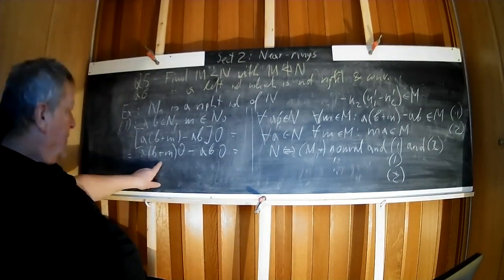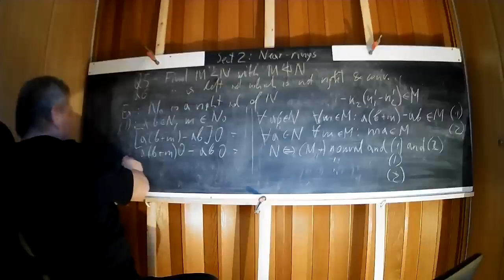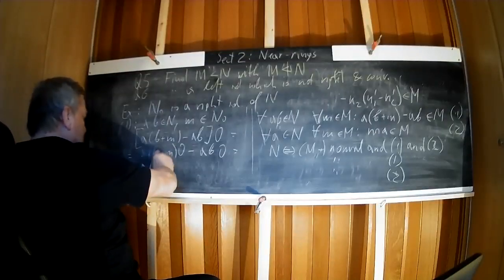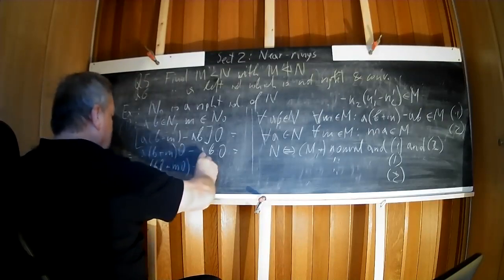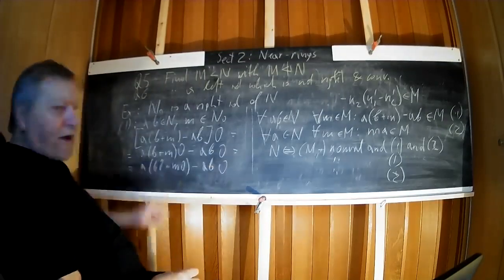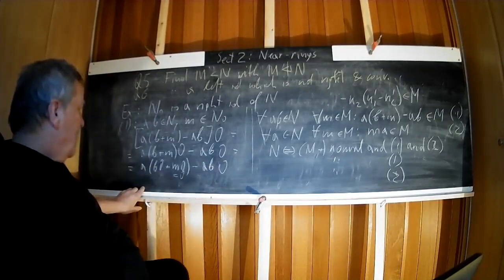Now we can look at this here. We can multiply this out. So we can say we have A times B times 0 plus M times 0 minus AB 0. Now again, M times 0 is equal to 0. And what do we have?